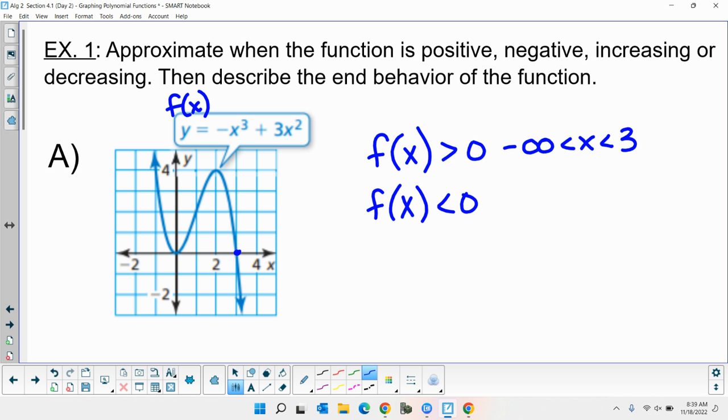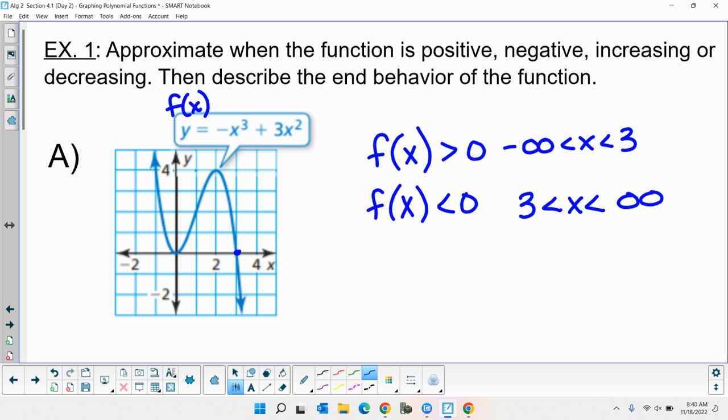It's above the x-axis. From 3 this way, where's the graph? Below. So from 3 to infinity, it's below the x-axis.